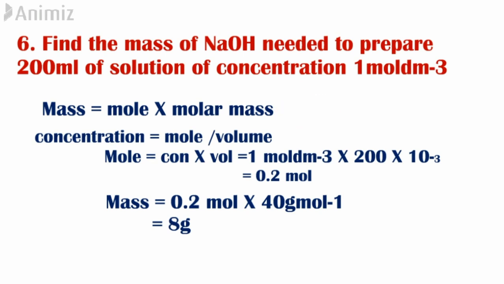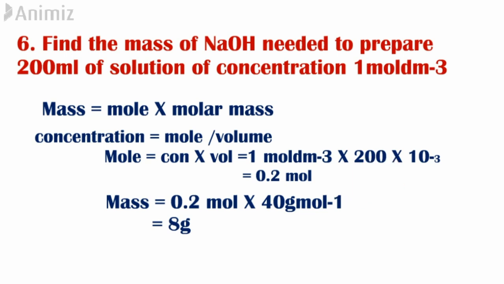Here we know concentration and volume, so we have to find the mole. Mole equals concentration into volume, which gives 0.2 as the mole. Then mass equals 0.2 into the molar mass of NaOH, which is 40 gram per mole. So the answer is 8 gram.